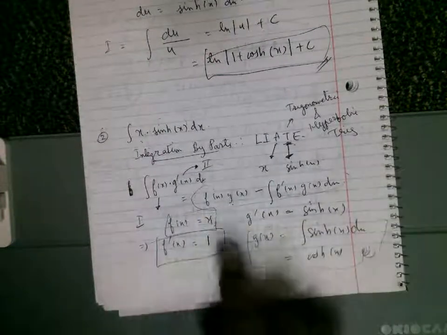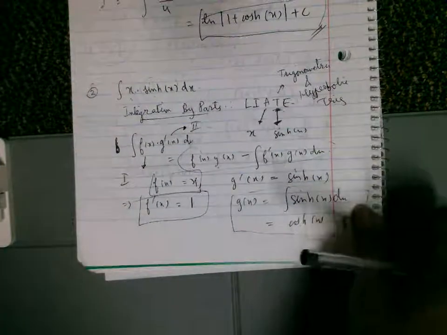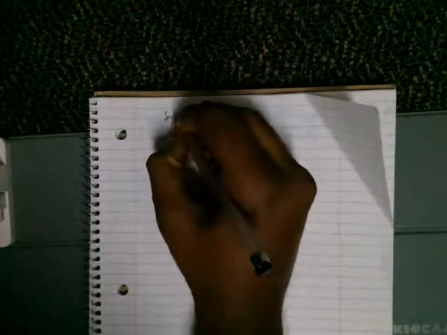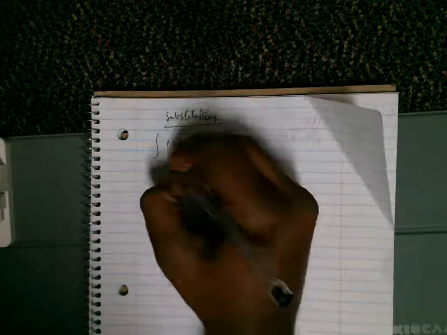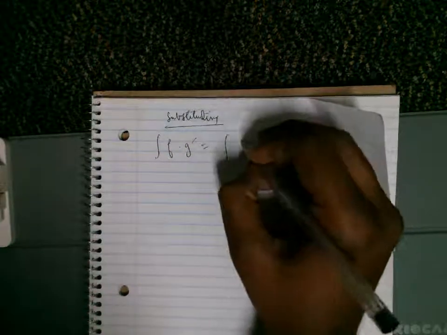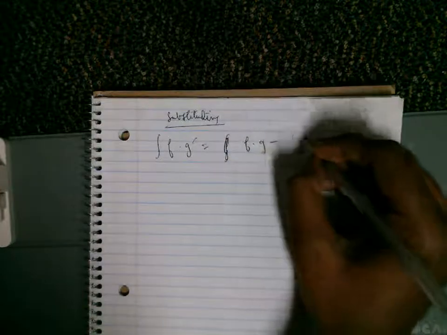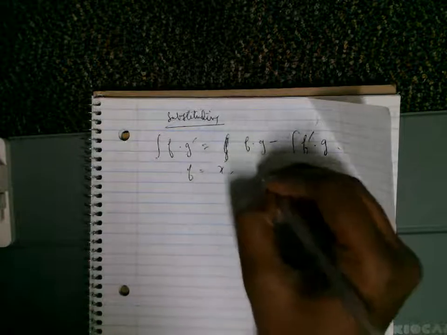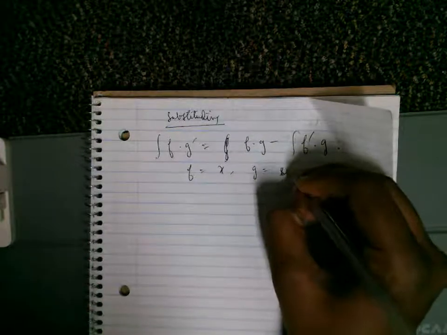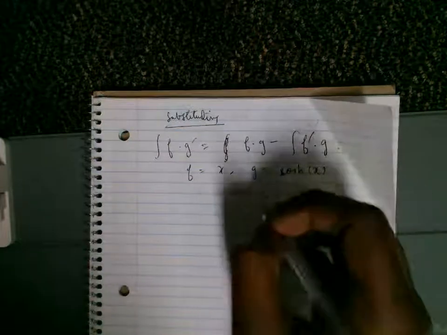We can now substitute all of this in the formula. Integration of f times g prime is equal to f times g minus integration of f prime g. So f is equal to x, g is equal to cosh of x, and f prime of x is equal to 1.